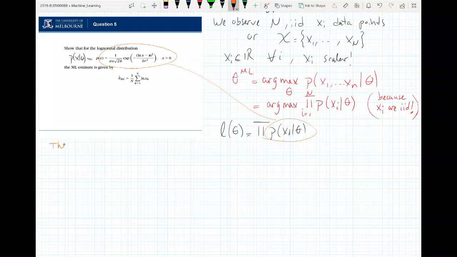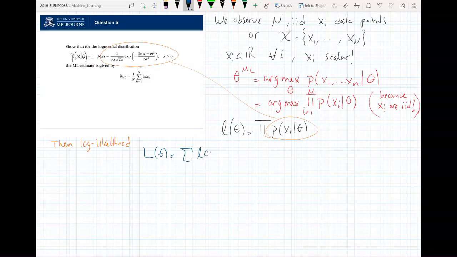The main reason to do this log is converting that product to a sum, because a sum is easier to handle when you take the derivatives. So I can write this log likelihood as L(theta). The log of a product will be the sum of logs, right? So therefore the sum of log p(xi given theta), which is also as we have written. So I can write it as what then, if I take the log of this, what will it be?